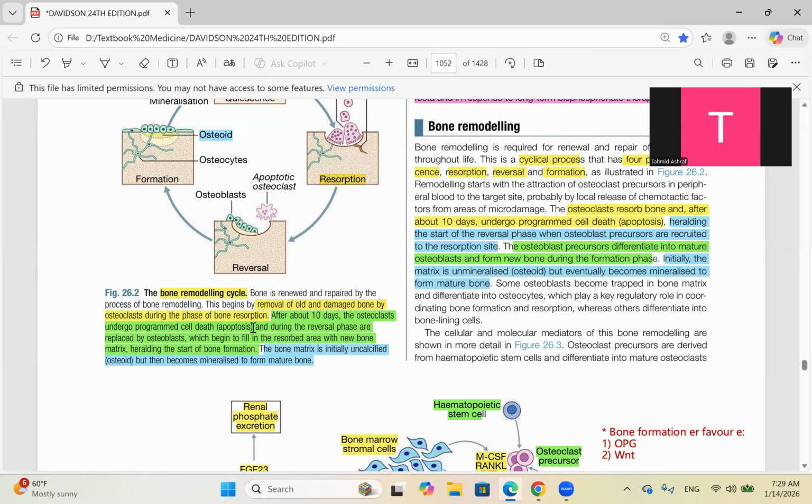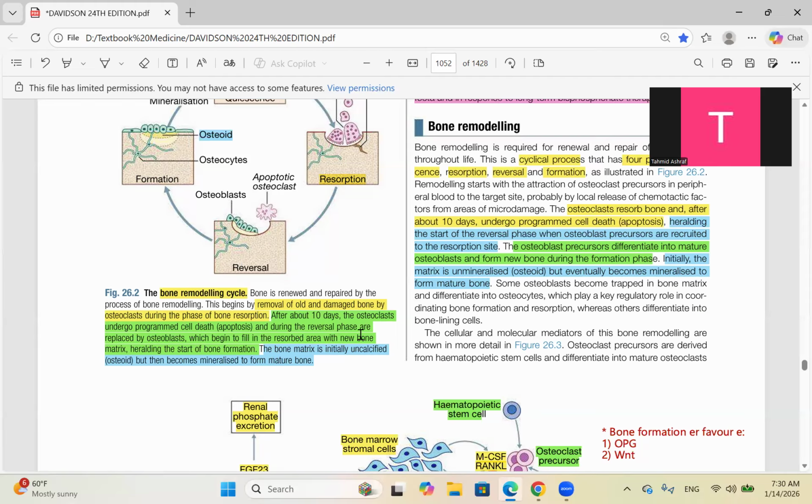The process is bone resorption. After about 10 days, the osteoclasts undergo programmed cell death or apoptosis. We can see here these cells undergoing apoptosis after 10 days.